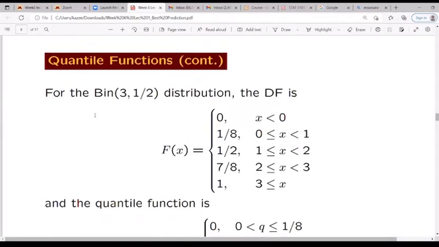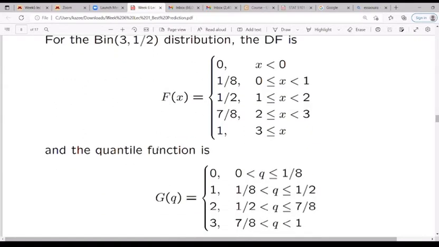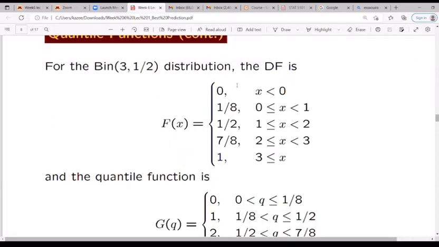When you have a distribution, you first need to figure out the distribution function, because the only way you can get a quantile is to first obtain a distribution function, which I call uppercase F. I got this from the PMF, which I demonstrated the other time using a coin.